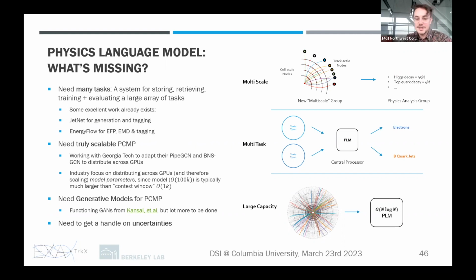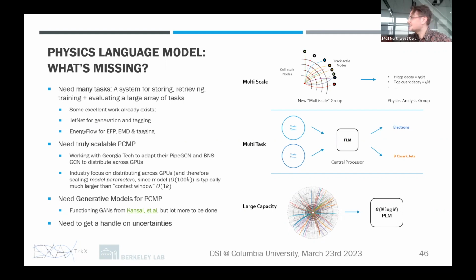And we need, I think, a rigorous way of building generative models for point cloud message passing. There's some really nice work in this direction using generative adversarial networks for point clouds. I think there's a lot more to be done. And we also need a way of getting a handle on uncertainties.